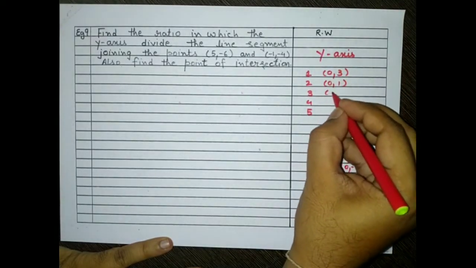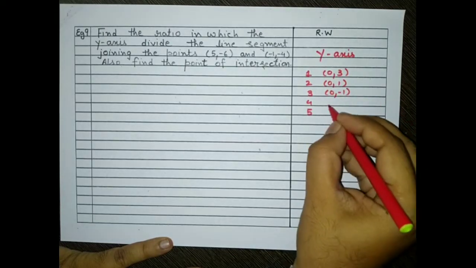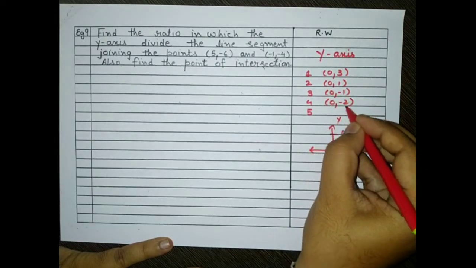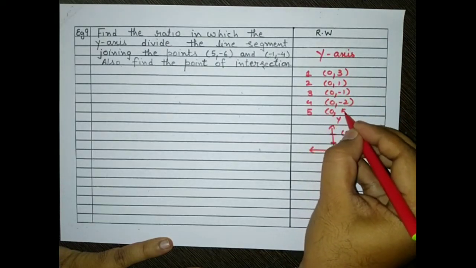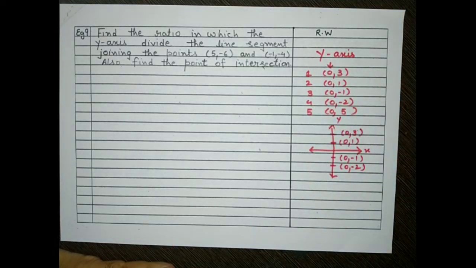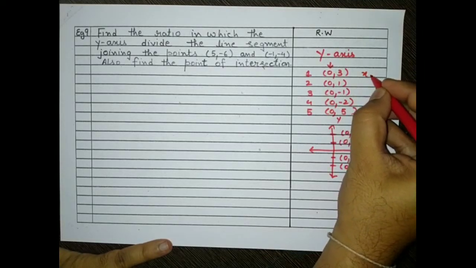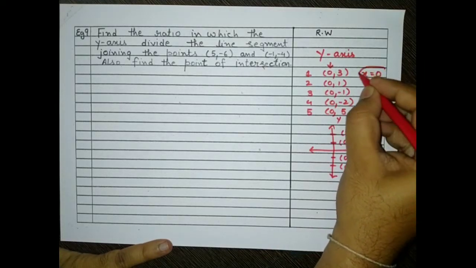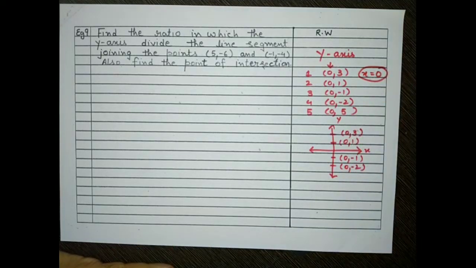So if I have to take a general point which is the point of intersection, I can take it as (0, some variable). Let the variable be, say, b, and x will be 0. Children, always remember, if you are talking about the x-axis, then y will be equal to 0.